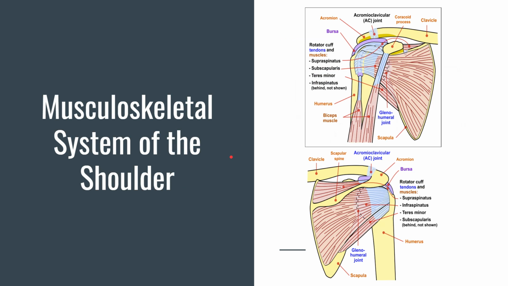So looking at the musculoskeletal system of the shoulder, we want to focus on the rotator cuff muscles here. This is the anterior or front of the shoulder. If you're looking at a person, this is their right shoulder.